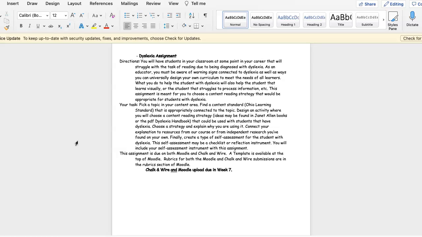Design an activity where you will choose a content reading strategy, and ideas can be found in the Janet Allen flip books or the Dyslexia Handbook, which is a PDF that you can use with students that have dyslexia. Choose a strategy and explain why you are using it. Connect your explanation to resources from our course or from independent research that you found on your own.